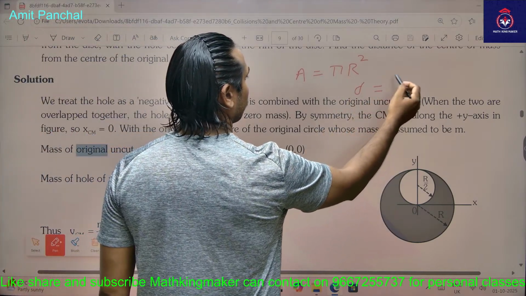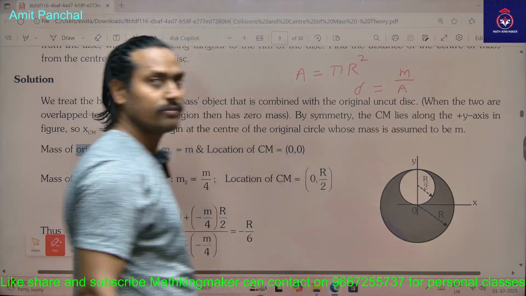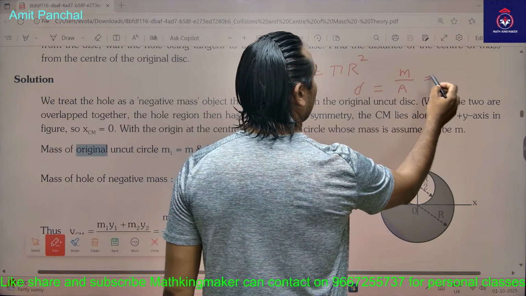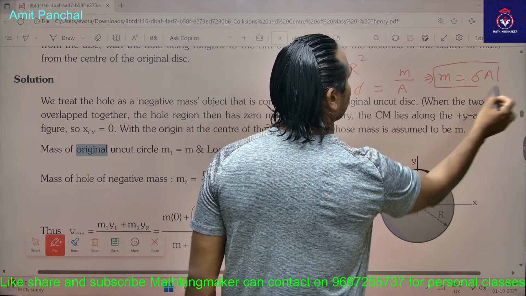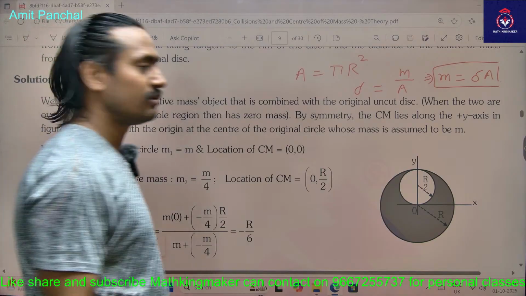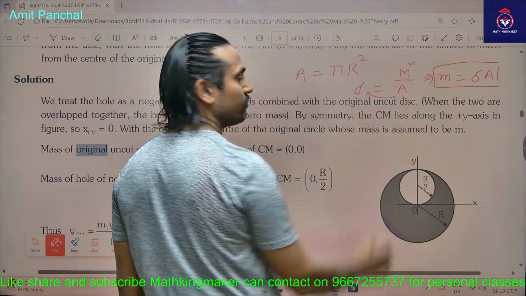Surface density will be m by capital A, isn't it? So the entire mass will be sigma A, isn't it? How? Mass will be equal to sigma into A.